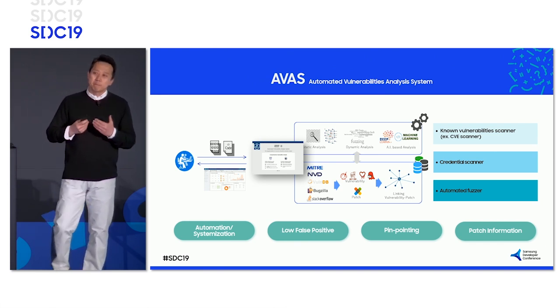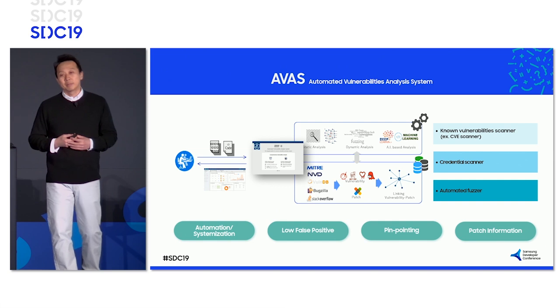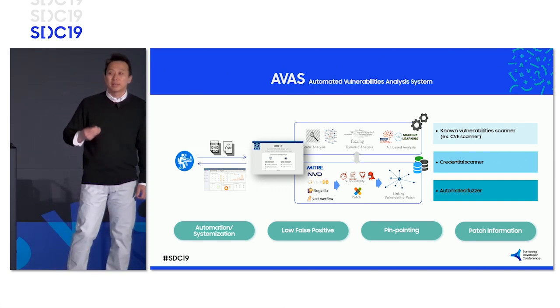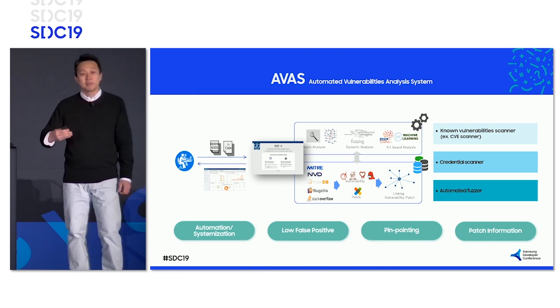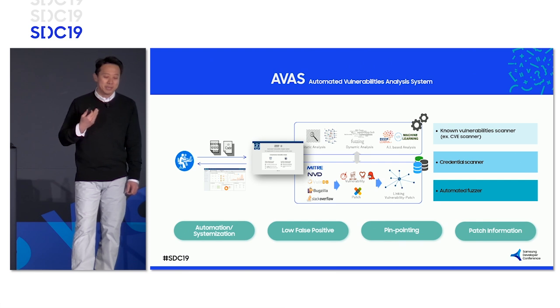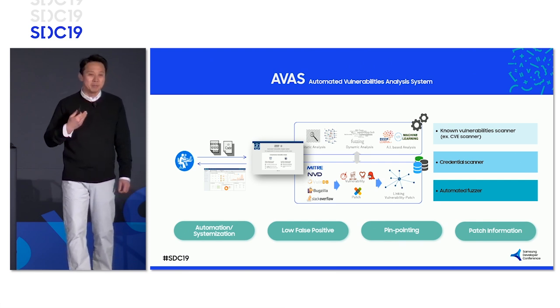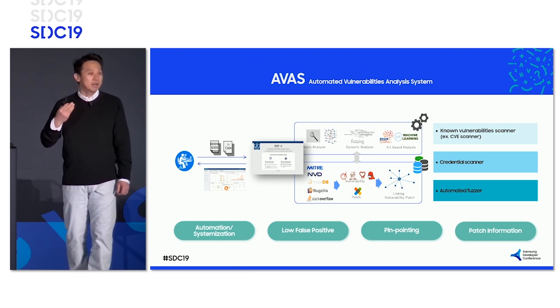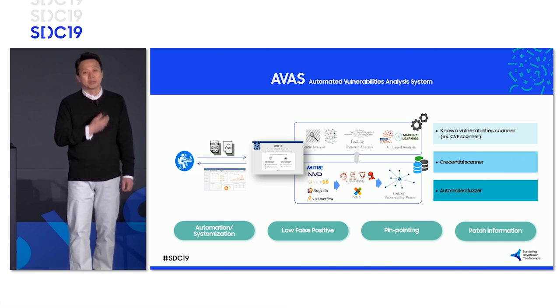When we make an automated system, the most important thing is to make developers think this system is very helpful for them. In my experience, if it makes a burden to developers or provides high false positives, they never use the automated system, they don't trust it.